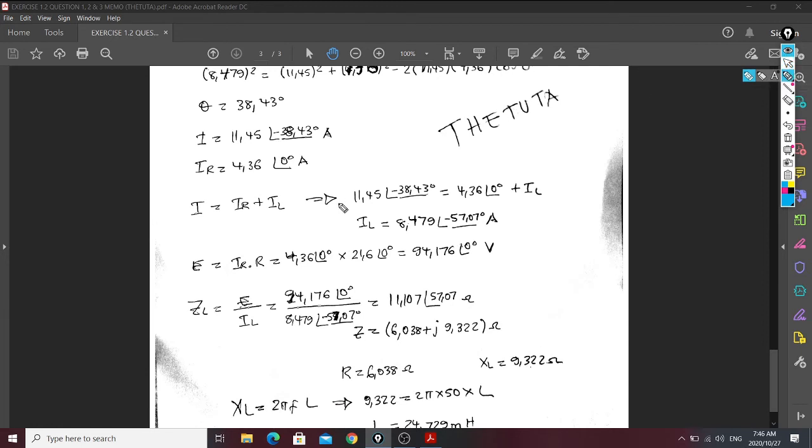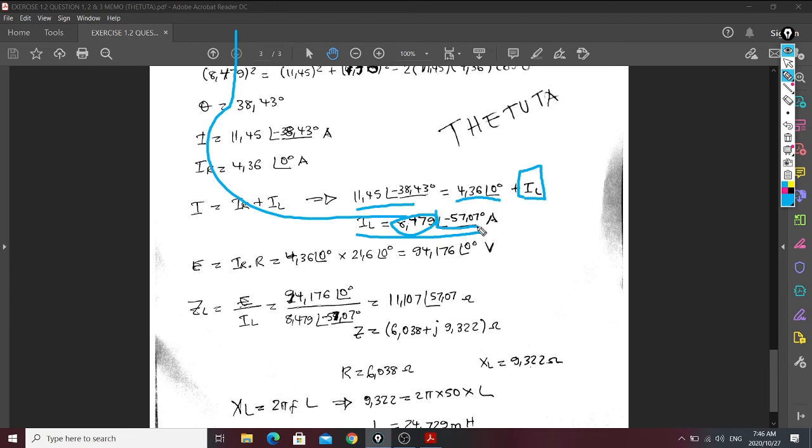We know our supplier current and we got it for the resistor. The coil current is not unknown, it's known, but we want to determine its angle. So when you do the calculation, you have the same magnitude for I coil, but now you have an angle to it.